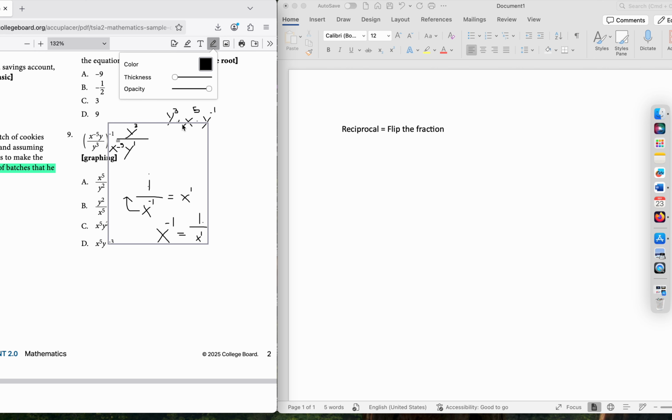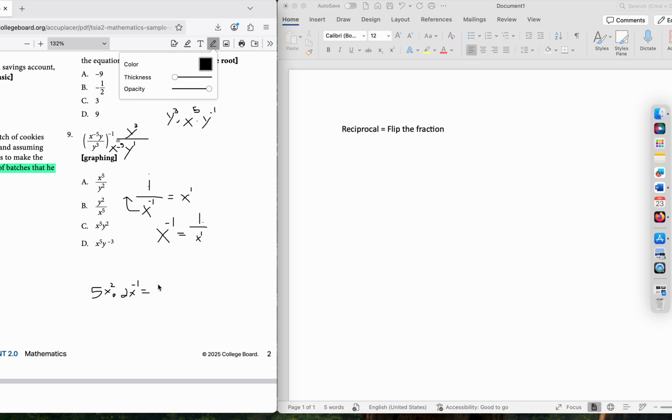Now, another reminder with multiplication, when we're multiplying variables together, we're actually just multiplying the coefficient up front, writing down the variable, and then combining the exponents. So like 5x to the 2nd power, if that was multiplied by 2x to the -1st power, I would multiply the number up front, the coefficient.